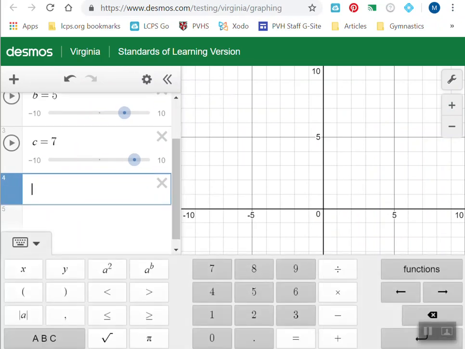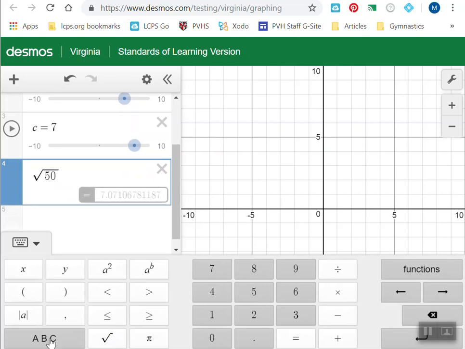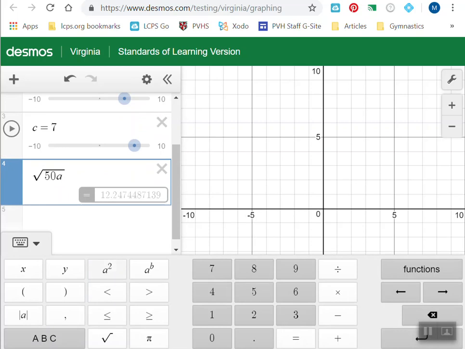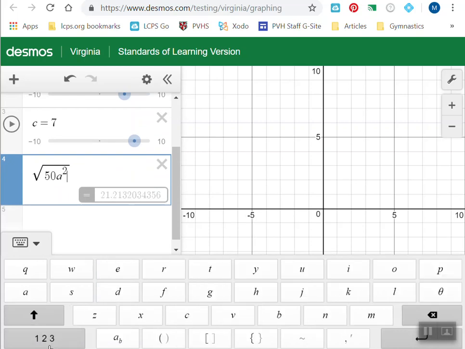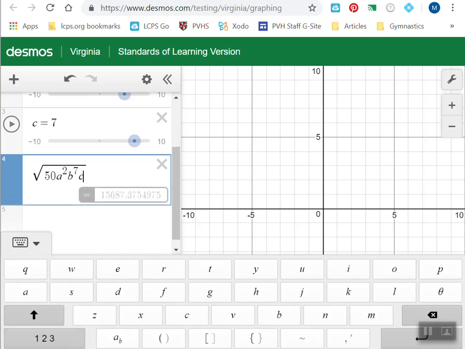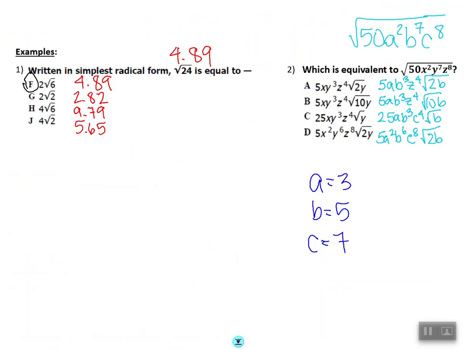Now, I'm going to type in my original expression, which is square root of 50 a squared b to the 7th c to the 8th. And it gives me a decimal. So I'm going to write this down.